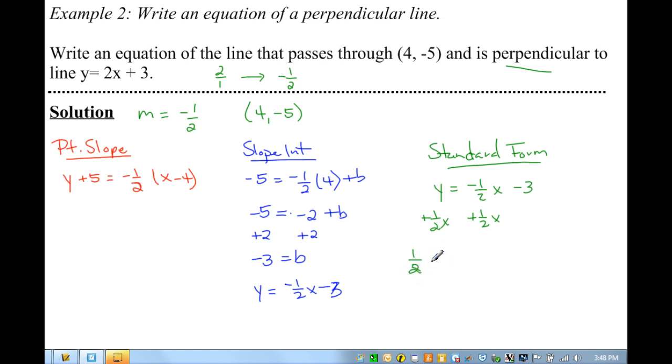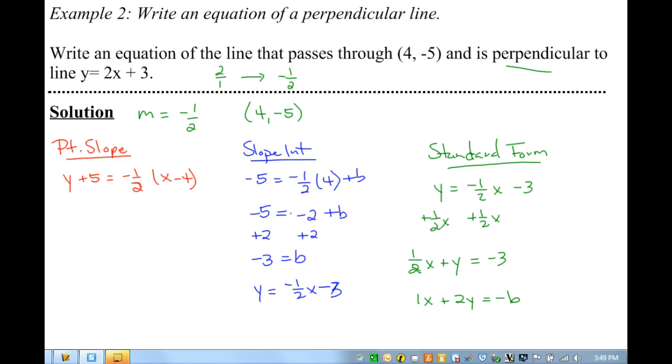I apologize for the pen, it's writing very funny. And because 1/2 is not an integer, I would multiply the entire thing through by the denominator, which would be 2. I would end up with an equation of 1x plus 2y is equal to -6.